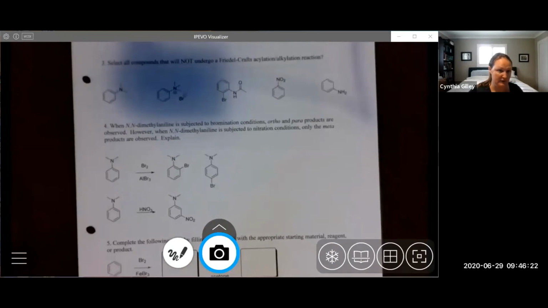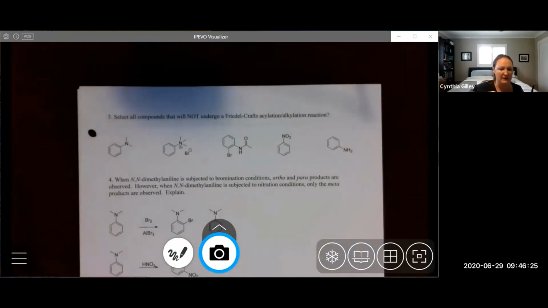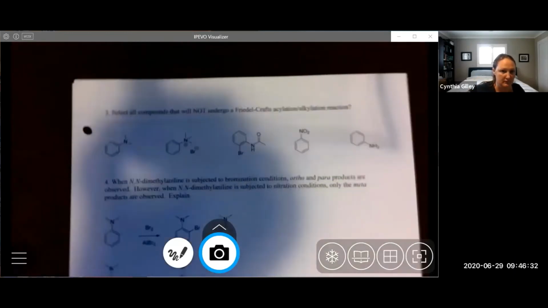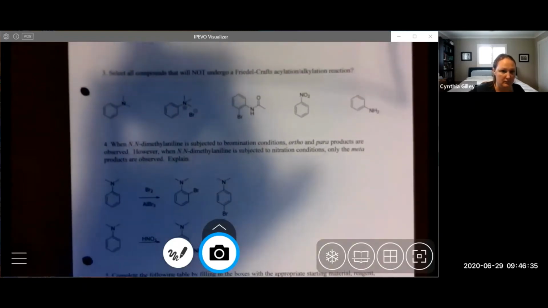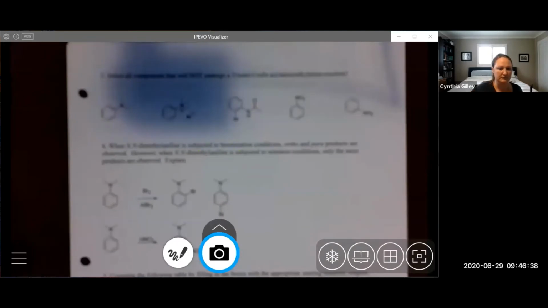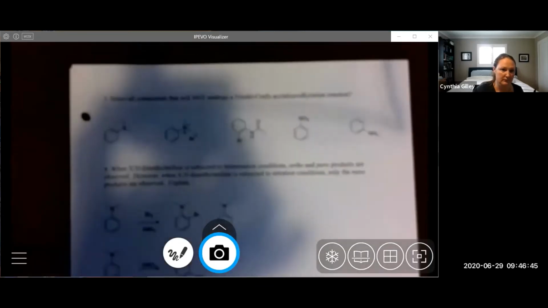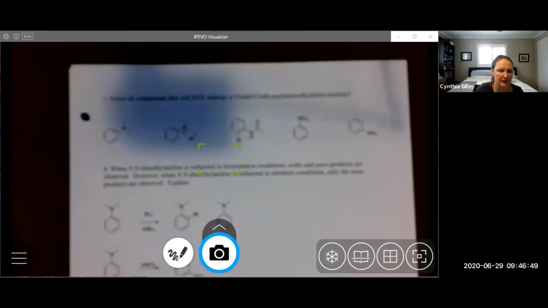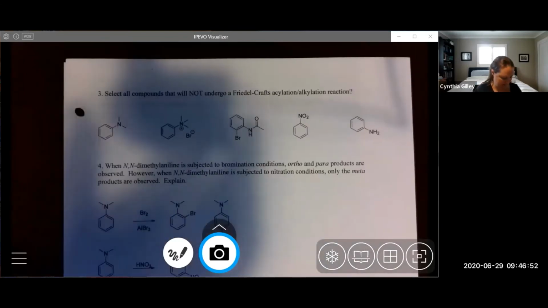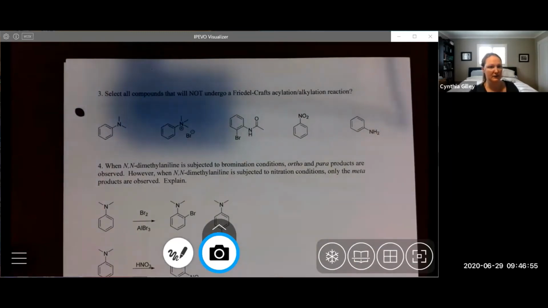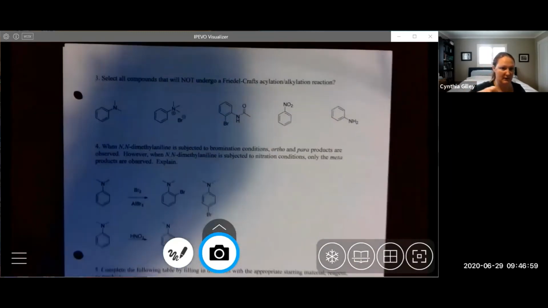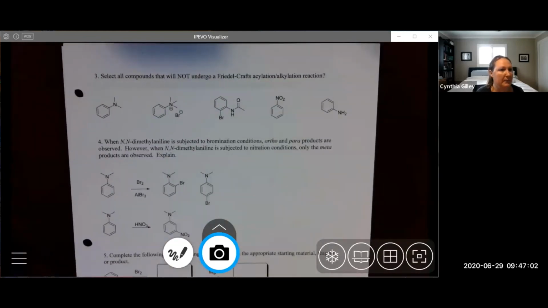Moving on to the next question. Select all compounds that will not undergo a Friedel-Crafts reaction, either acylation or alkylation.